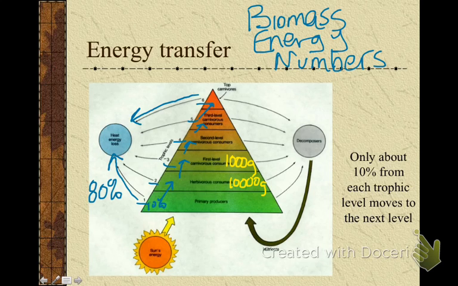Ali. 100. So then what would be our producers? Anybody? Producers. Evan, was it a hand up? No? Yeah. Yep. 100,000 grams because we go 10% more. And then our third would be 10 grams. And then our top consumer would just be 1 gram.